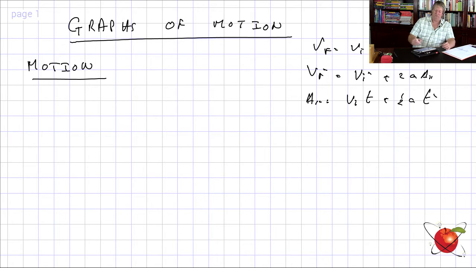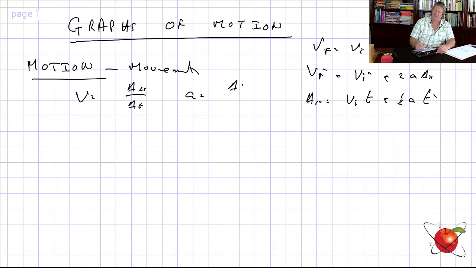Motion is what? It's movement. So let's have a look. Velocity is equal to delta x over delta t. Acceleration is delta v over delta t. Hold on. Delta t is common to it. Why?